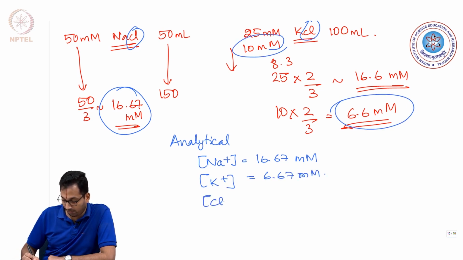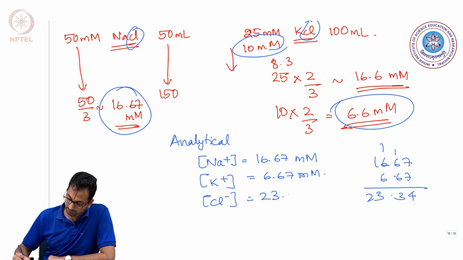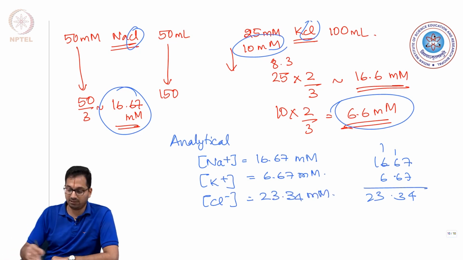On the other hand, chloride ion, which comes from both of these, is going to be a sum of 16.67 and 6.67, which ends up being something like 23.34 millimolar. So you have a common anion.